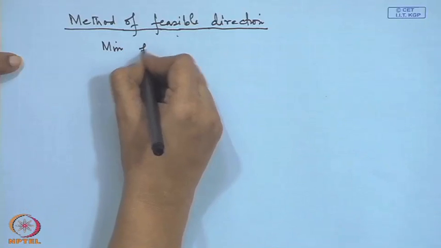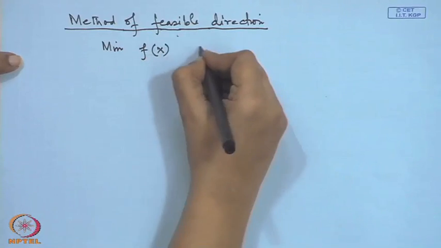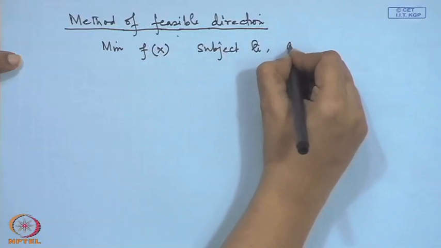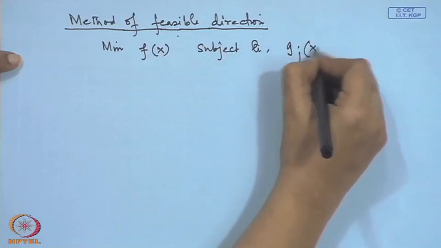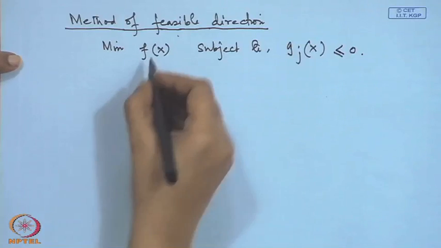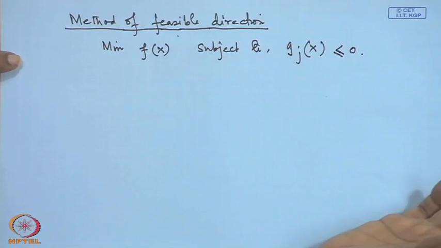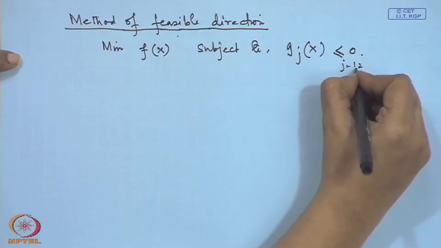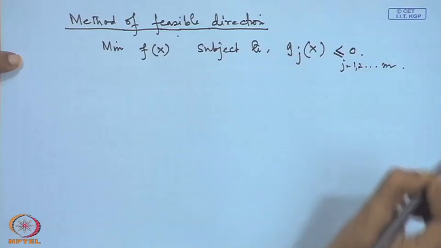The method says: minimization of f(x), subject to the constraints gj(x), that is the nonlinear inequality constraints, where f and g are all nonlinear functions. In a similar manner, there are m number of inequality constraints.